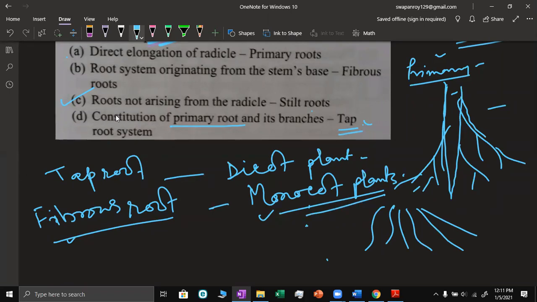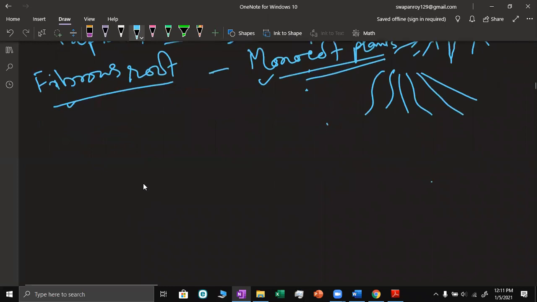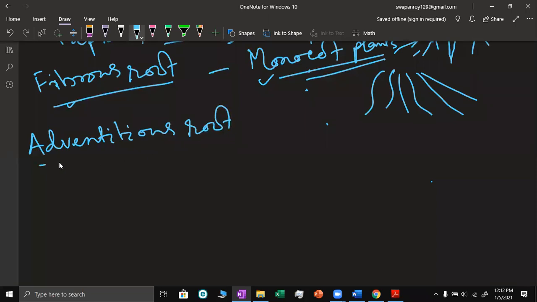The third one is known as adventitious root.